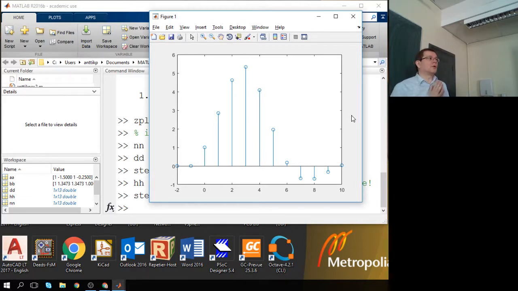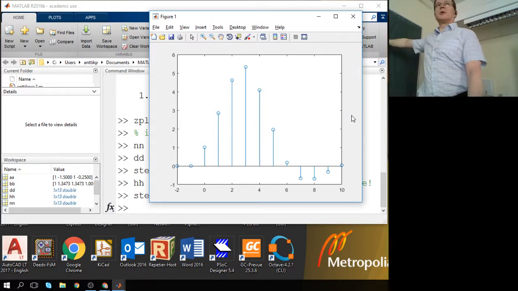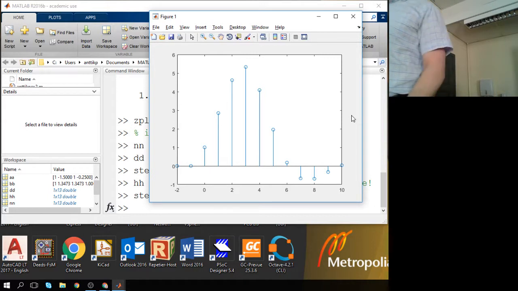Basically, the order number of the system is the highest order polynomial in our transfer function, meaning now we have a third order system. You can also say it is the highest of the number of zeros and poles. So here we have a third order system, meaning 3 poles or 3 zeros or both 3 and 3.